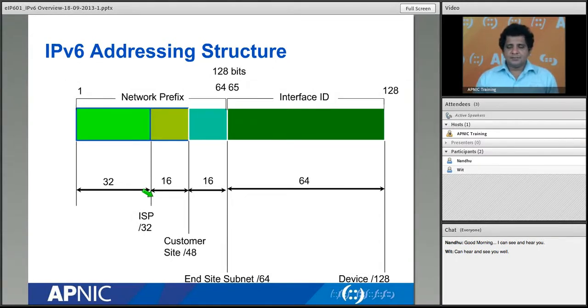Network prefix. And then, unlike in IPv4, we need to be a little bit careful how we delegate this address space further to your customers or downstreams and end sites. Because in IPv4, we can decide the subnet based on the requirement. Let's say in IPv4, if you are given a /22 from the registry, and your customer needs 10 IP addresses in their network, you can give them a /28, right?